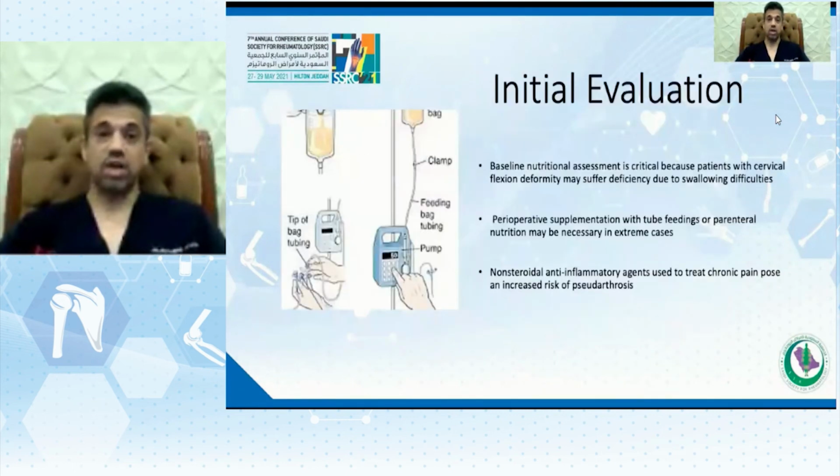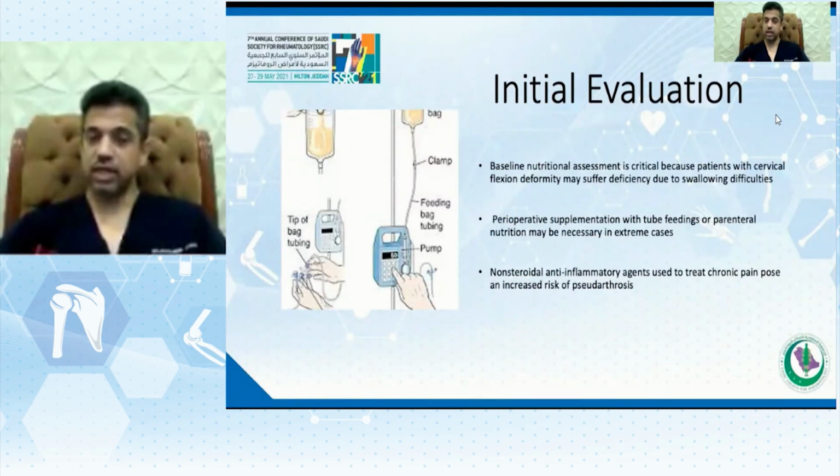The initial evaluation has to be made for the patient's nutritional condition, and whether he is ready for this major procedure. A patient who has a cervicothoracic deformity where the head is not aligned well would have a problem with swallowing, so the nutritional status is usually behind. Proper feeding, whether enteral or parenteral, and optimizing their nutritional status before the surgical management is important.